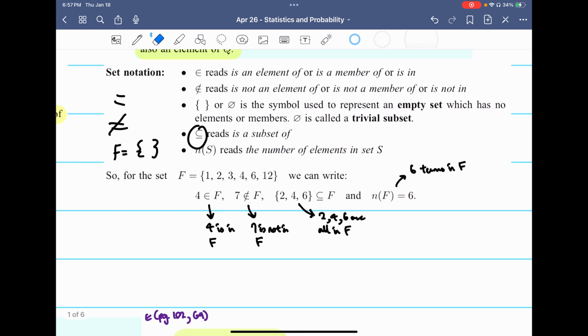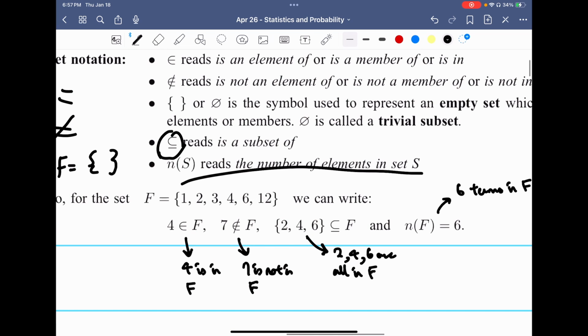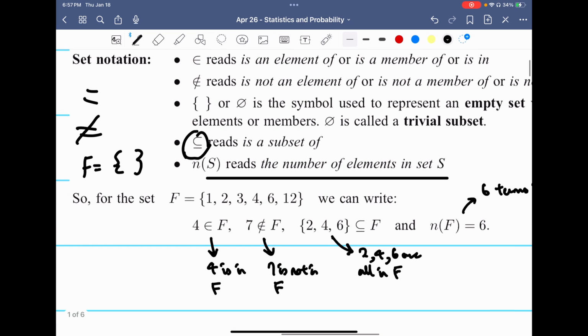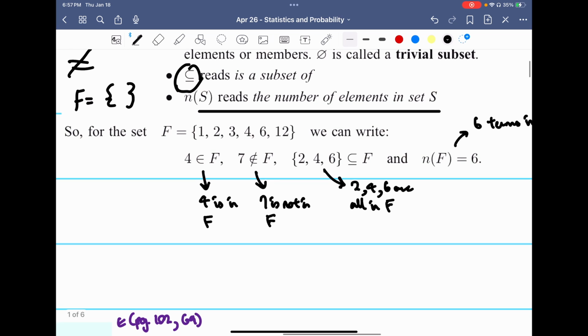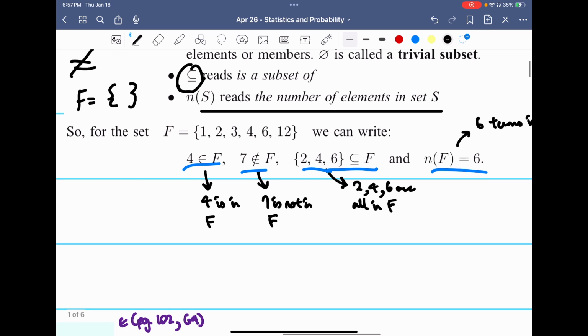And then next we have n(S), which means the number of elements in set S. This can be easily explained as we look at the example here. So these statements written here are all correct examples. For instance, 4 is an element of F because we have 4 right here.